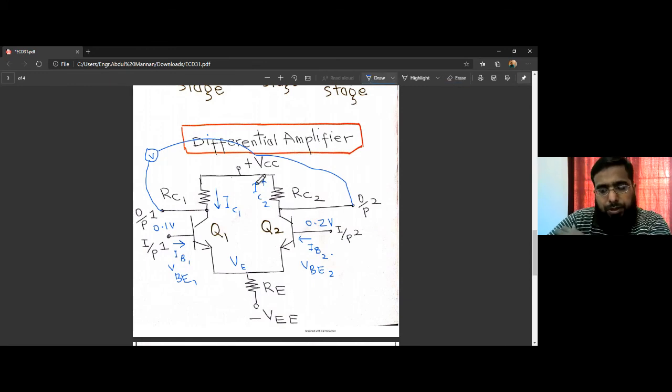Now IC2 is larger. This means the voltage drop across RC2 is larger than the voltage drop across RC1. Or in other words, the voltage that we find here at Vout2 would be smaller because this voltage drop is larger.